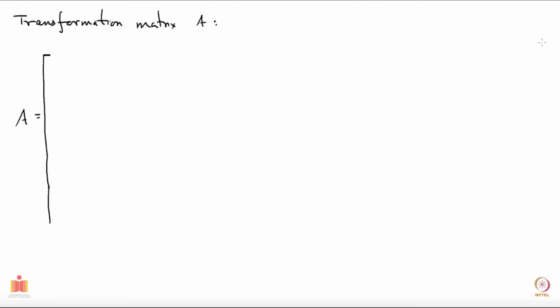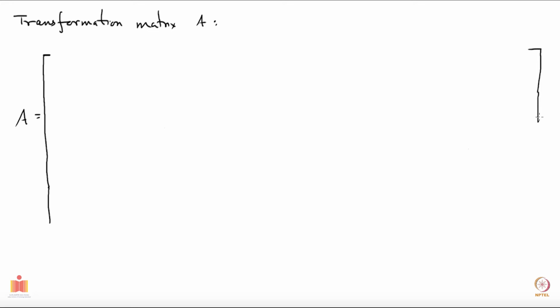So my matrix A parameterized in Euler angles is the following. Okay, it takes a while to write this. Let me see. I'll put the brackets later now.